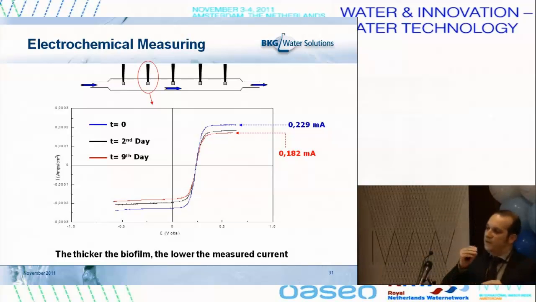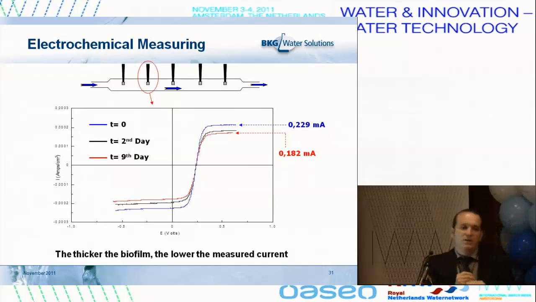And this reduction of current is linear to the biofilm formation. So with a mathematical function, you can compare this reduction of current to the biofilm formation.